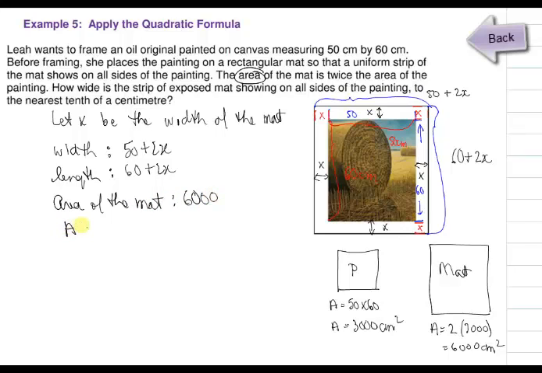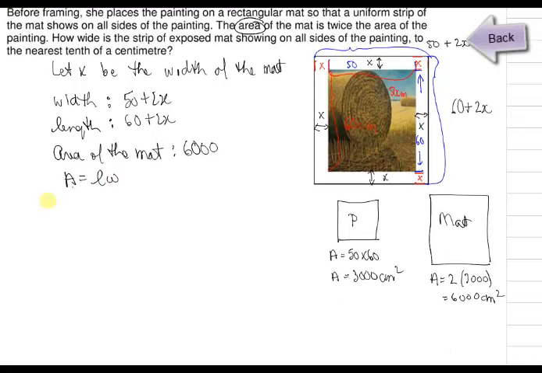And we're working with a rectangle, so the area formula for a rectangle is length times width. So in place of area, or the A in the formula, I'm going to put 6,000, and times the length times the width. Okay, so here's my quadratic equation. I'm going to solve it.